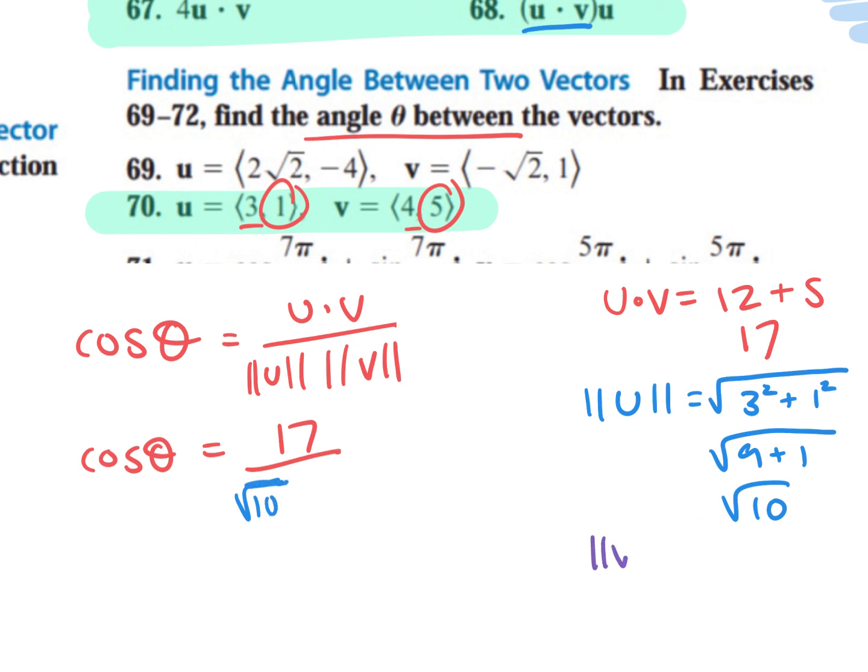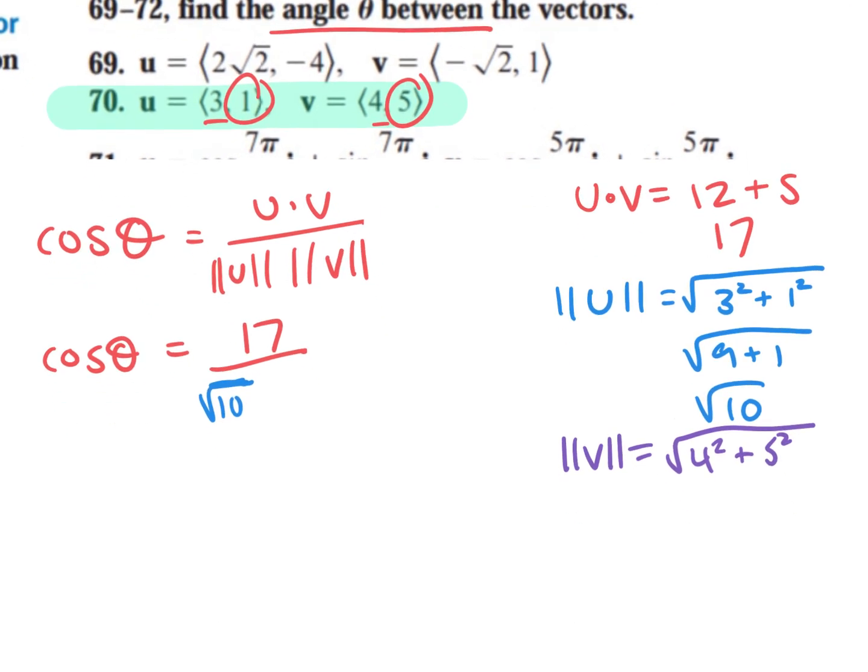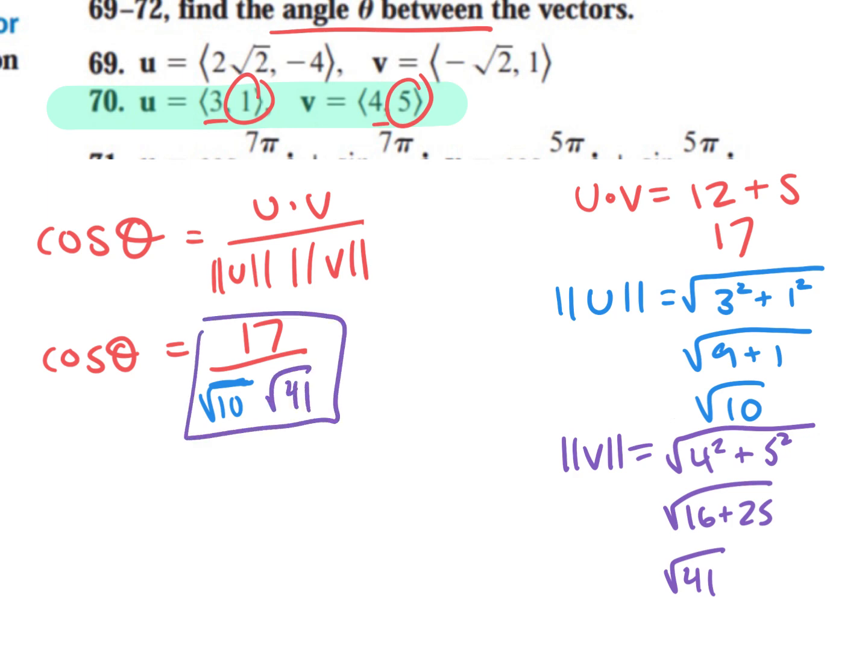And then I want to find the magnitude of V, which is the square root of the first number squared plus the second number squared. So square root of 16 plus 25, which would be the square root of 41. So we want to put this in the calculator. So we get cosine theta is equal to 0.83957.